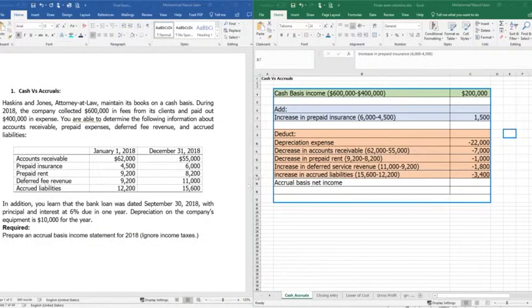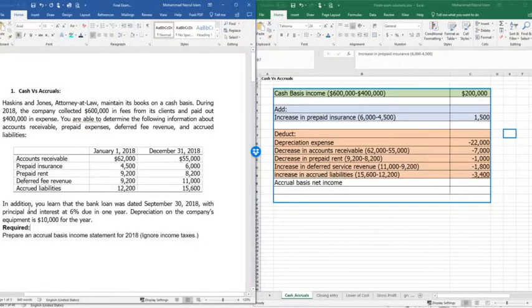So let's see one more example of the conversion of cash basis to accrual basis. In this example, the company maintains its books on a cash basis. During 2018, the company collected 600,000 and paid 400,000 in expenses. We also have this information: accounts receivable, prepaid insurance, prepaid rent, deferred fee revenue, accrued liabilities.